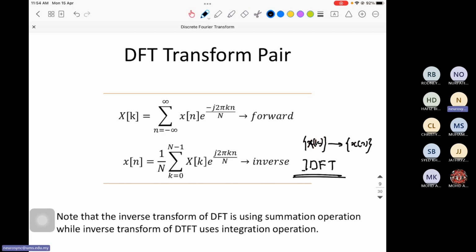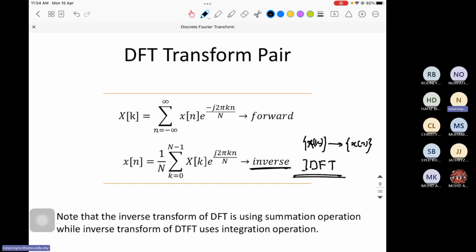Like in our previous lecture, we saw the discrete time Fourier transform, where we convert x of n to x of omega, and we can get back the x of n sequence from x of omega with the inverse discrete time Fourier transform. Similarly, this is the inverse DFT.